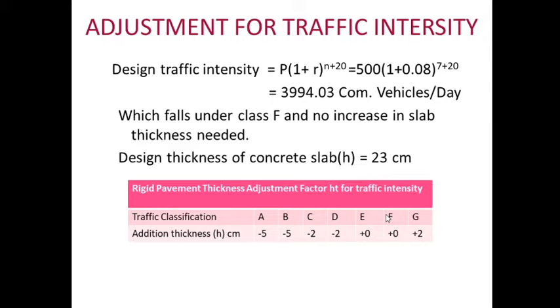So we can classify the classes A to G, where A means the number of commercial vehicles per day is 0 to 15, whereas G means the number of commercial vehicles is above 4,500, and all expressways come under the category of G. In our problem, the number of commercial vehicles by the year 2019 is around 4,000.